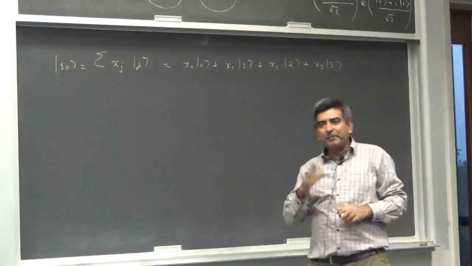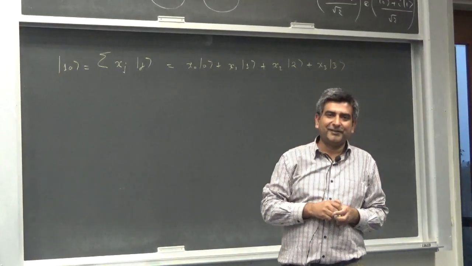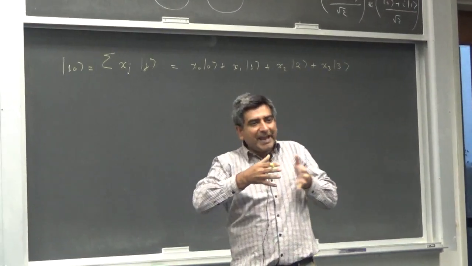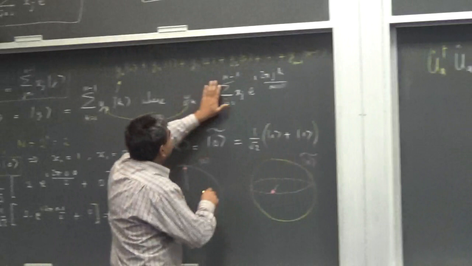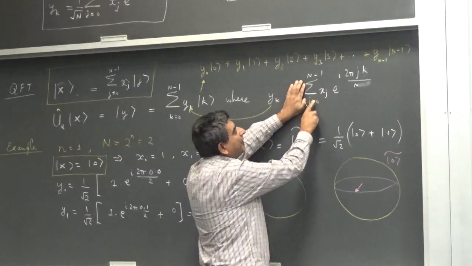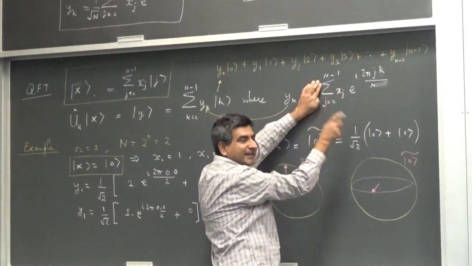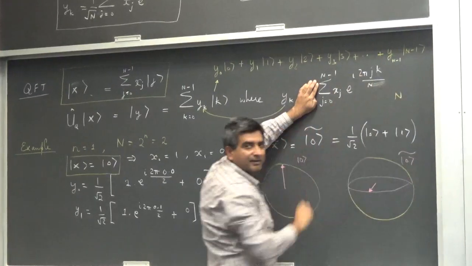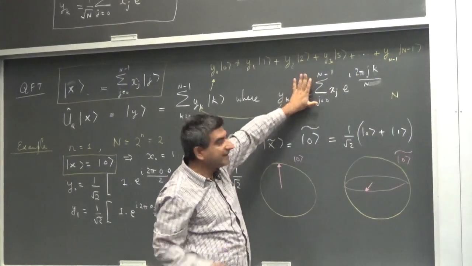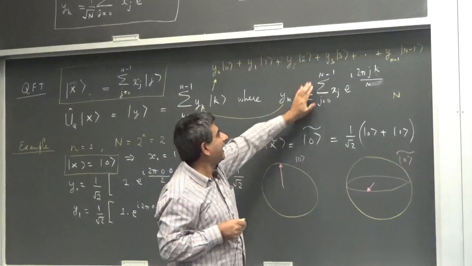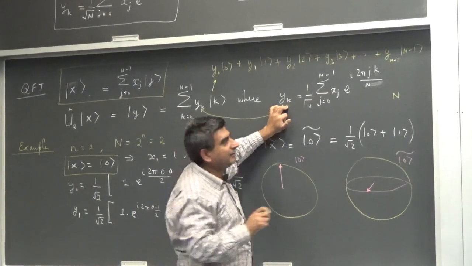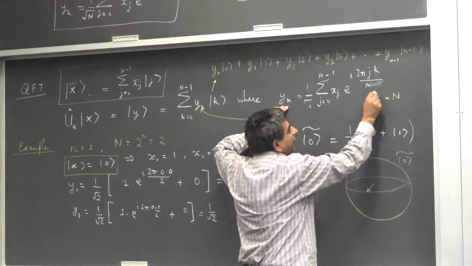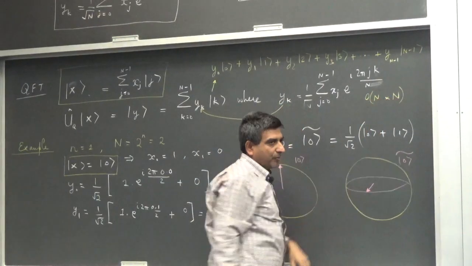By the way, how many computations are needed? So for each k you need n multiplications. So you need sum. How many terms do we have in the sum? M, capital M. Right? So this is n sums. And how many k's do you have? N. So you need of the order of n square operations.